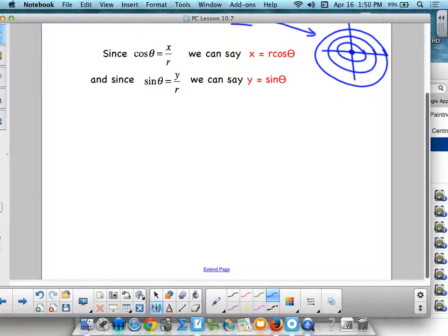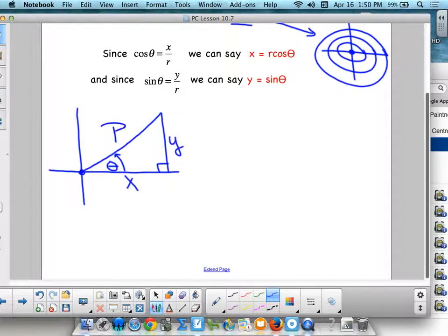Okay, they're making a blanket statement to you. You won't understand this unless you just go back to chapter 4 with me. Here's chapter 4. In chapter 4 we said, take a right triangle, place it where we have the origin as one of the vertices of the triangle. We called this theta, we called this x, this y, and we called this the radius of our circle.